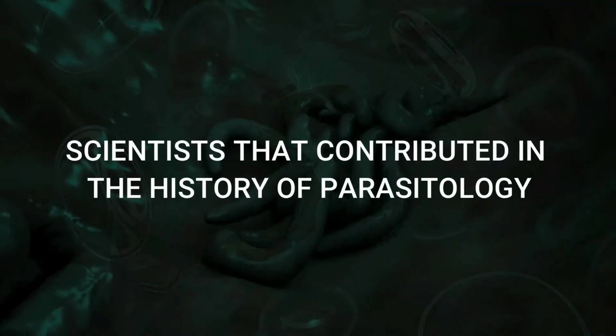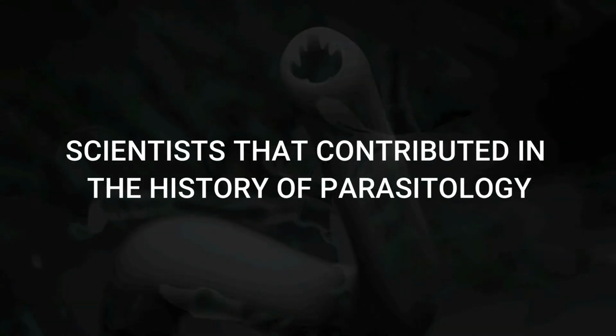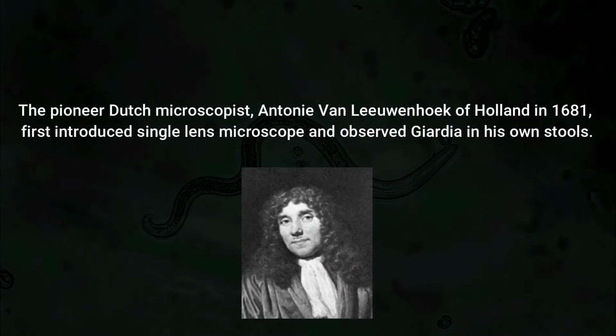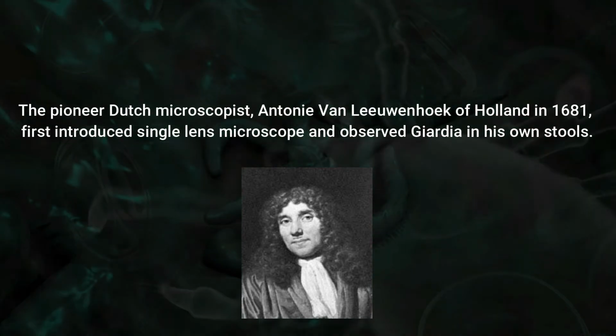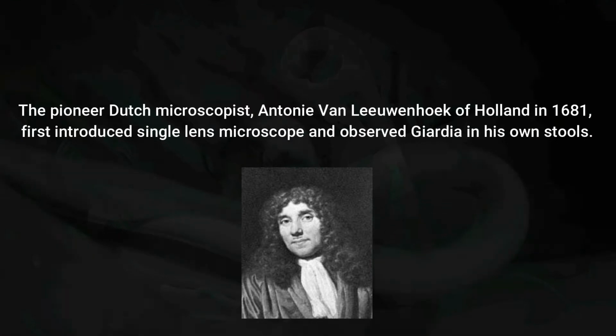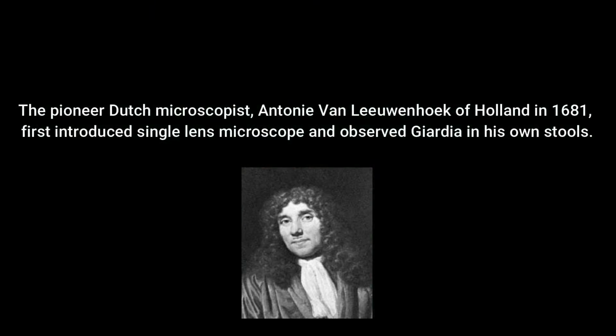Among the scientists who contributed to the history of parasitology, the pioneer Dutch microscopist Anthony van Leeuwenhoek of Holland in 1681 first introduced the single-lens microscope and observed Giardia in his own stools.